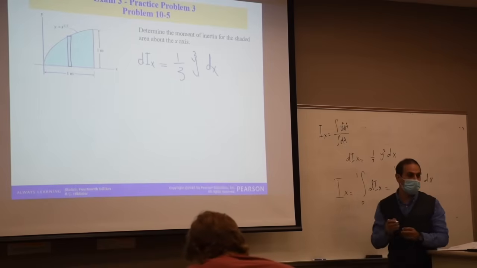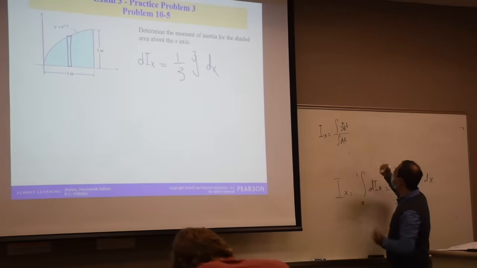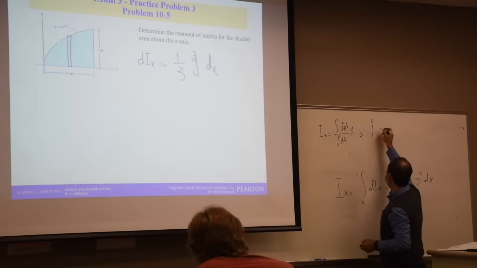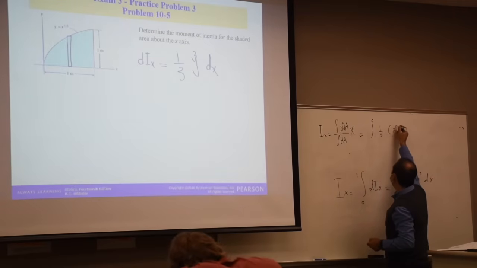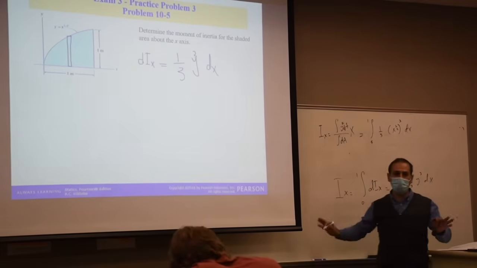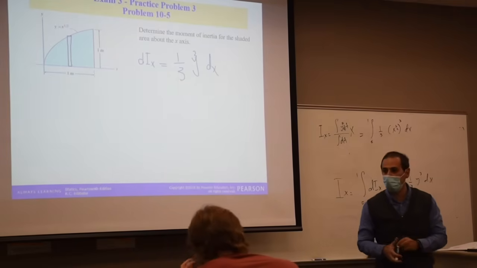On the x-axis. Now, I will say that this equals, I don't want to do this because it's a special case now. It's the integration of 1/3, what is y? y cubed dx, 0 to 1. It's all we need to do. Right?